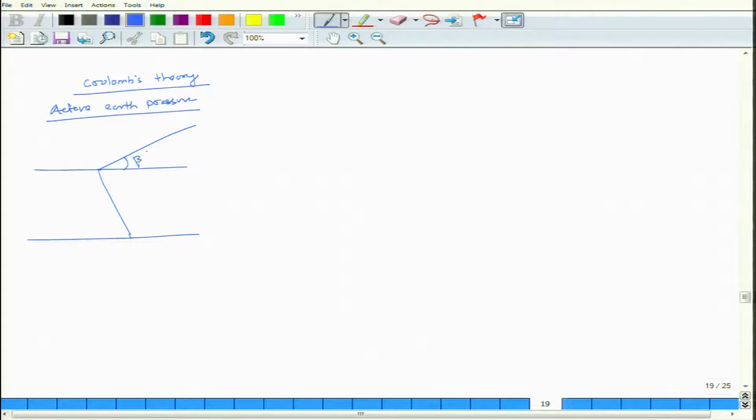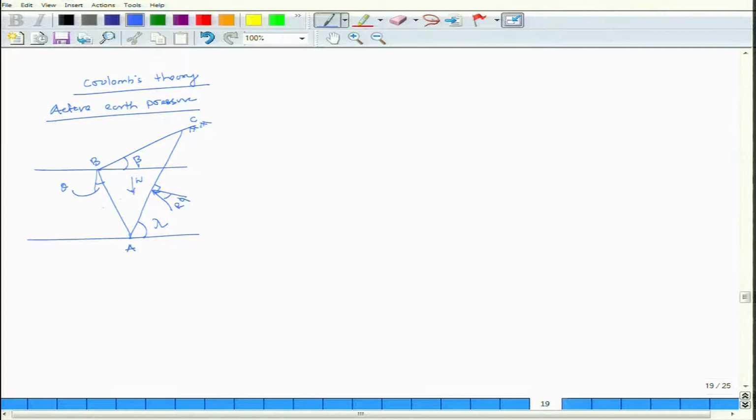Here it is beta, let us put it A, then here B, then here C, and this should be your theta, this is W, and this angle is lambda, this is reaction force, then this angle will be your phi, this is normal force, and this is 90 degree.